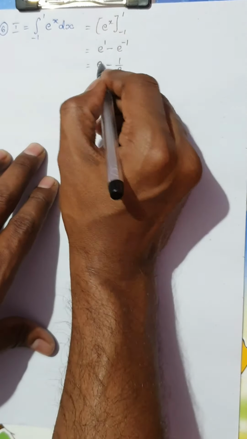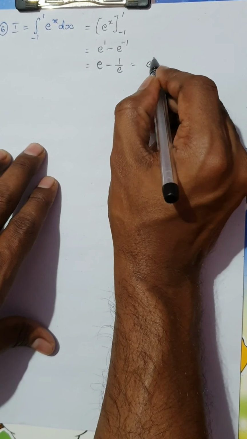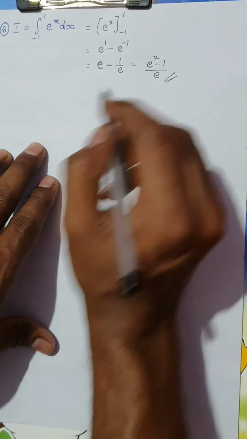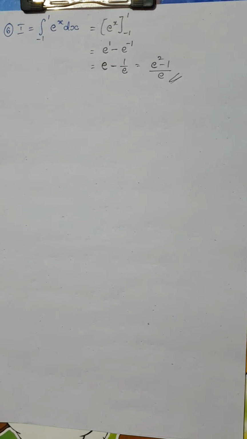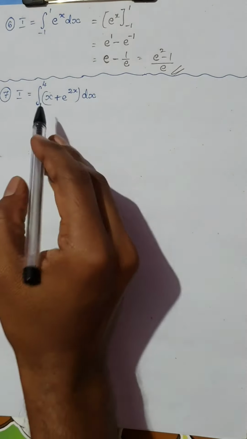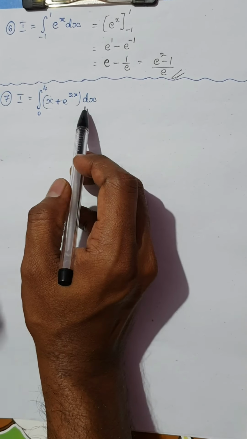You can keep it as it is, or else if you take the LCM, you will get e square minus 1 divided by e. So this would be the answer for the given definite integral. Right, the integral we have is the integral from 0 to 4 of x plus e power 2x dx.